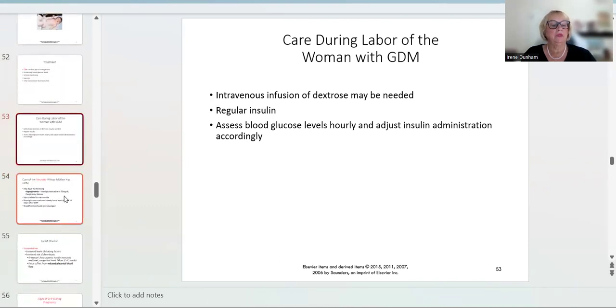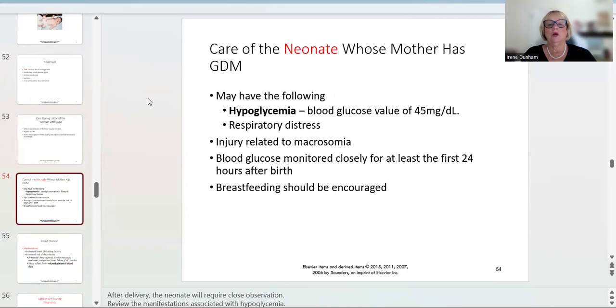Let me scoot down to here. So the main thing that you have to worry about is when a baby is born to a mother who has gestational diabetes, it is hypoglycemic, low blood sugar. A blood glucose level below 45 per deciliter is considered low. Now, some books have 40, so maybe from 40 to 45.